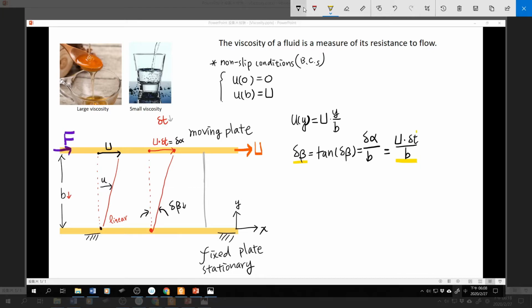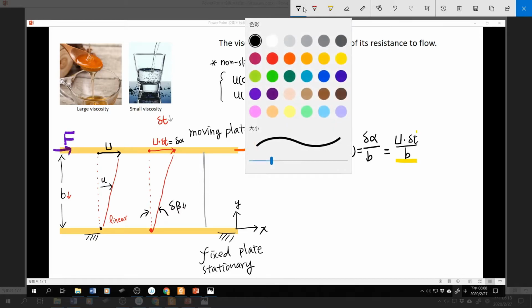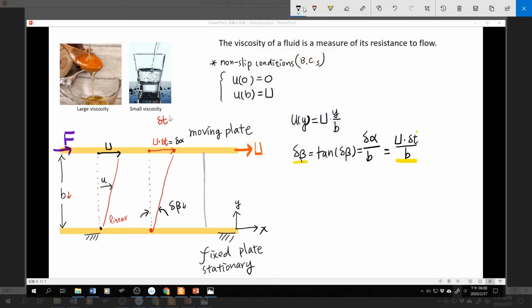Now, what we are interested in is actually not beta. We want to know the changing rate of beta. What do we mean by changing rate? Changing rate means that we want to know, along with time, how beta is changing. So it is very intuitive that you can get this formula, right?